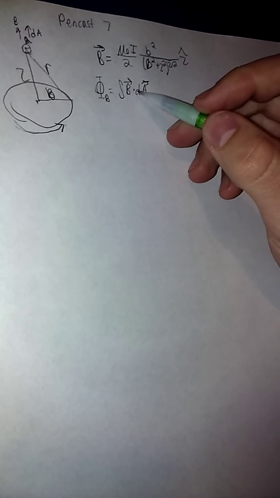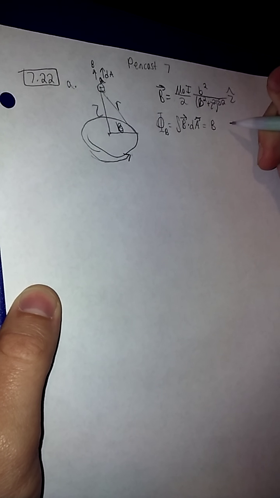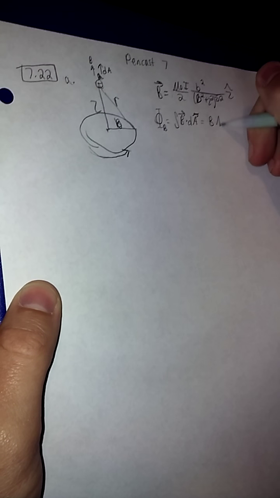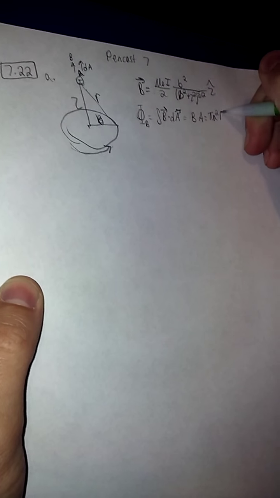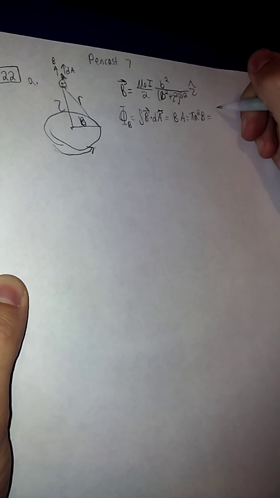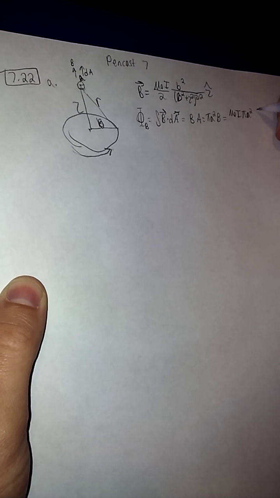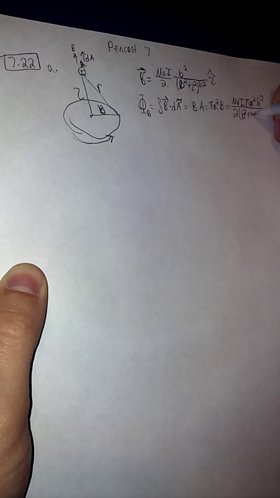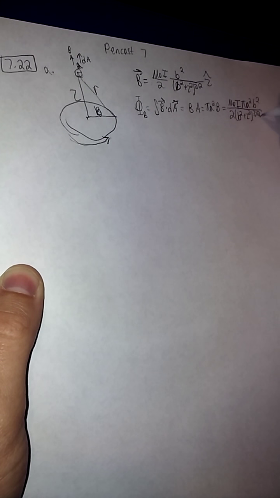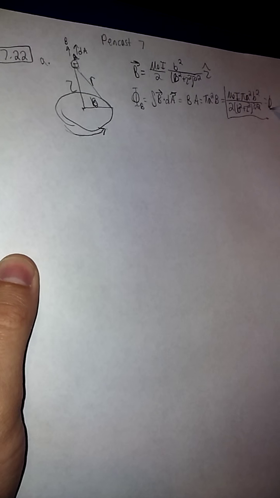These two are parallel, and we were allowed to assume that B is approximately constant. So we have B times the integral of dA, or B A, which is pi a squared B, or mu naught I pi a squared b squared over 2 times b squared plus z squared to the 3/2. That's for part A.